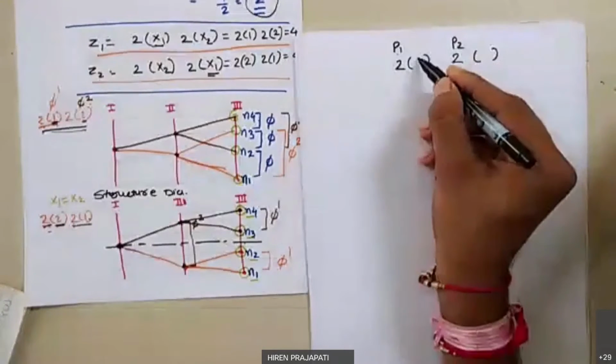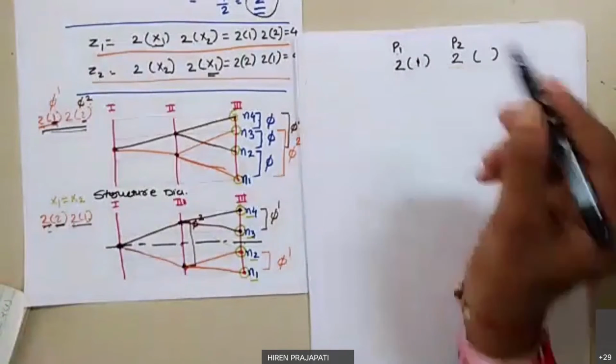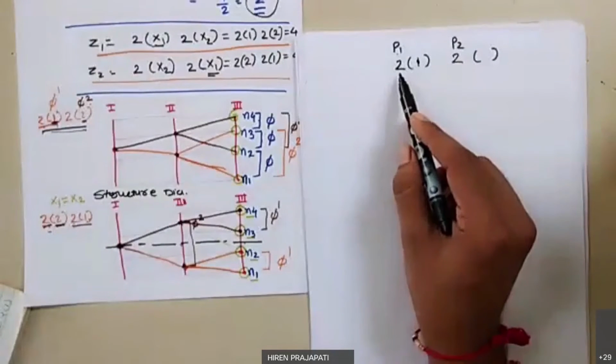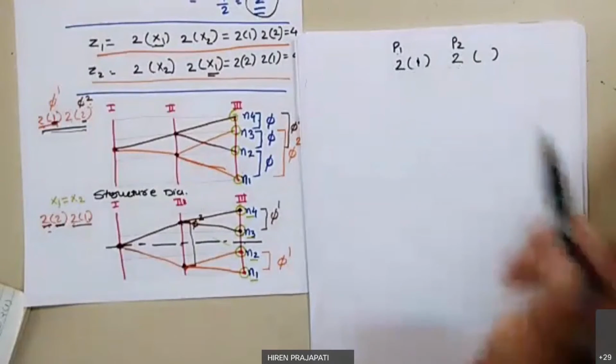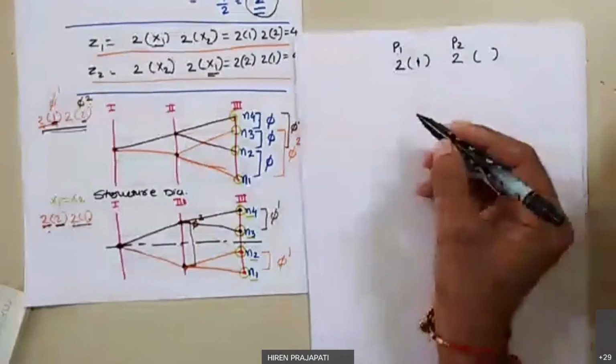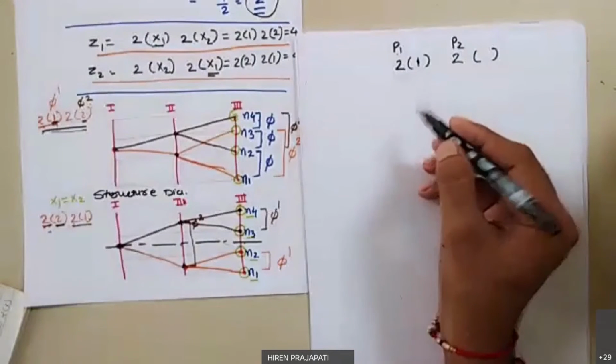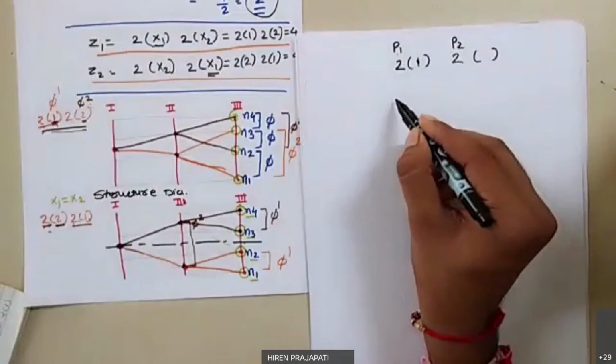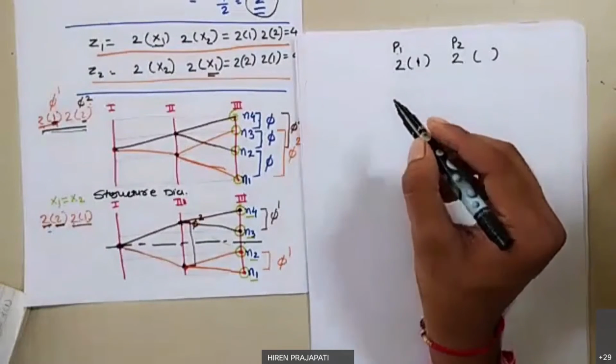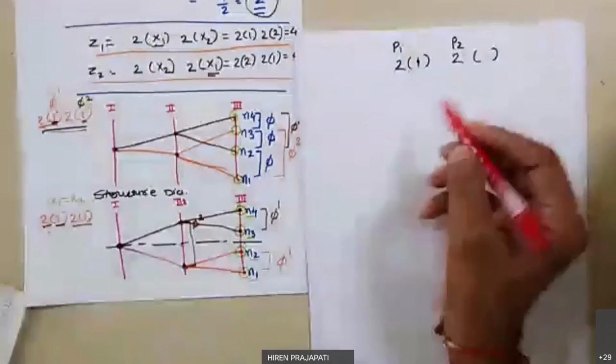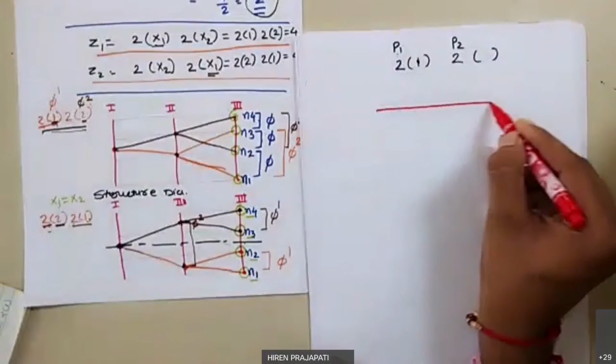We want to draw the structure diagram, that is the layout of the gearbox, for 2 cross 2 speeds. First of all, I'll draw one horizontal line which indicates the input shaft. This is the input shaft. This is connected to the motor. What we are doing actually, we are rotating this diagram.